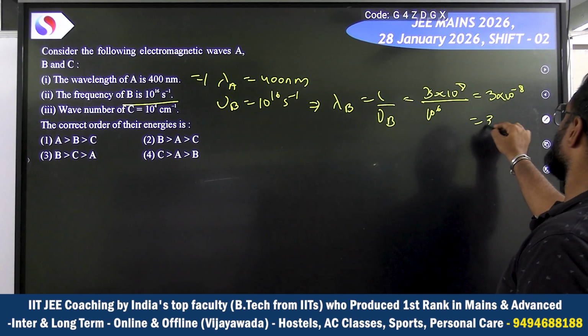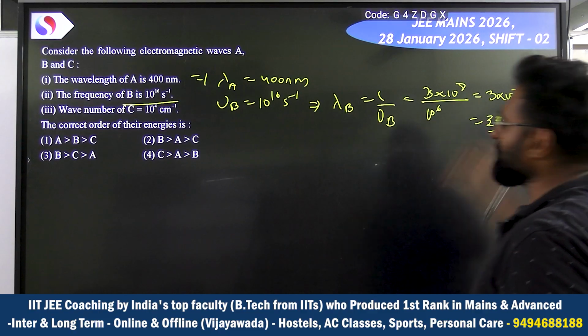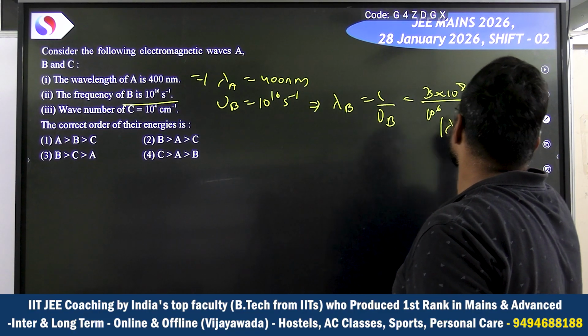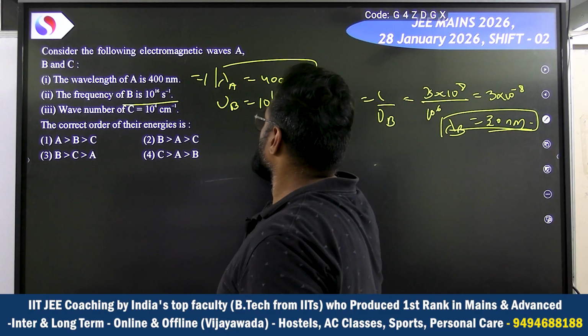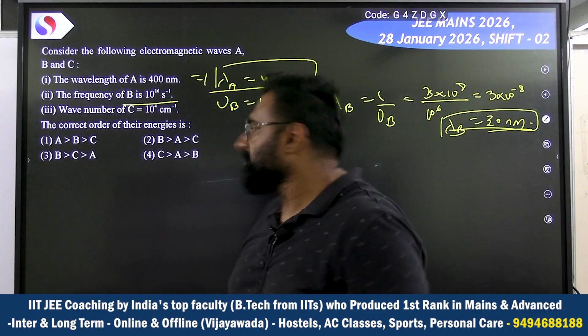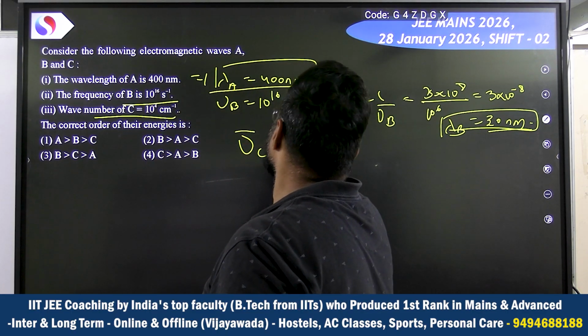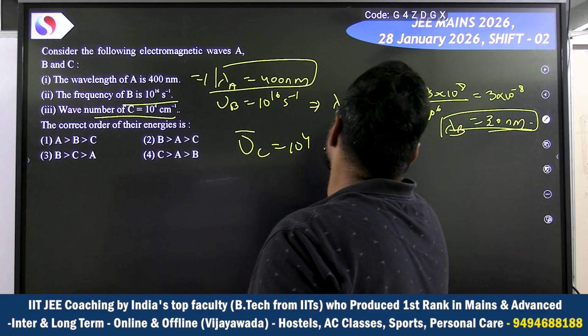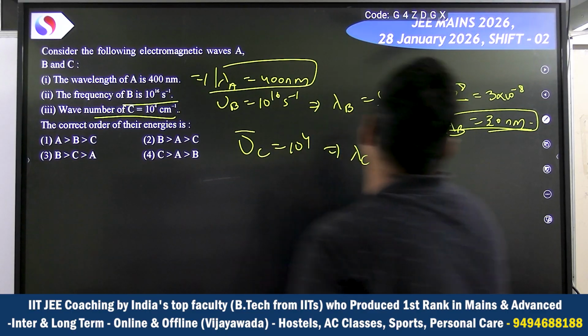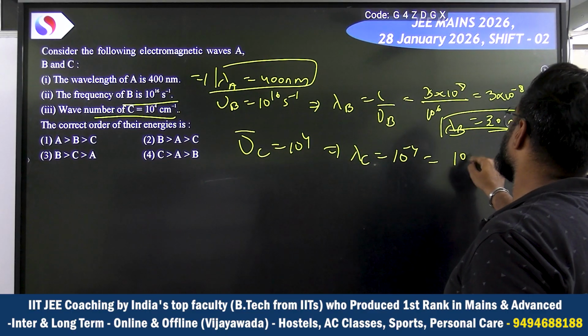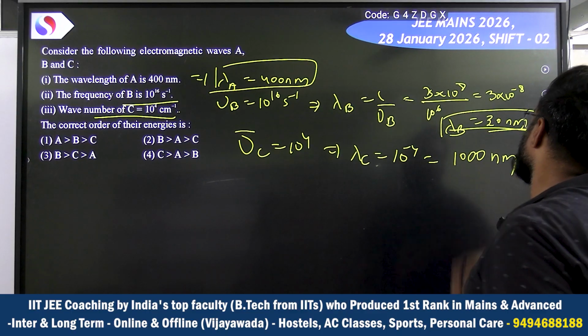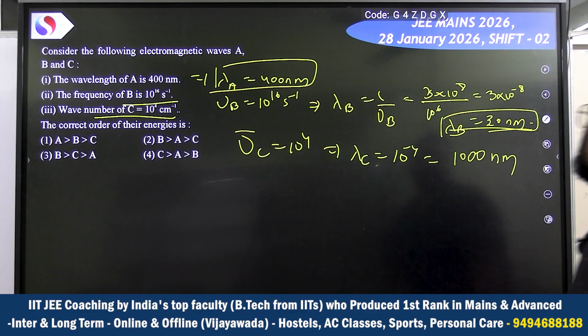So this will be 30 nanometer, lambda B. Correct? We are doing simple questions, nothing else. Wave number of C is given as 10 to the power 4, so lambda of C will be 10 to the power minus 4. How much will this be? 1000 nanometer.